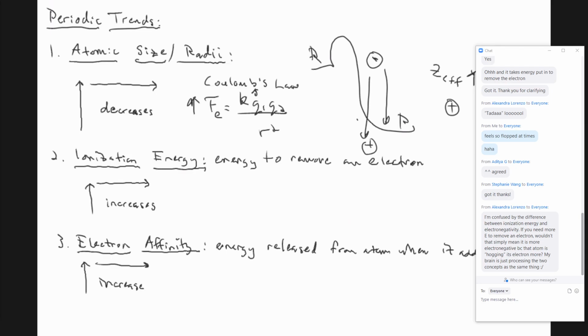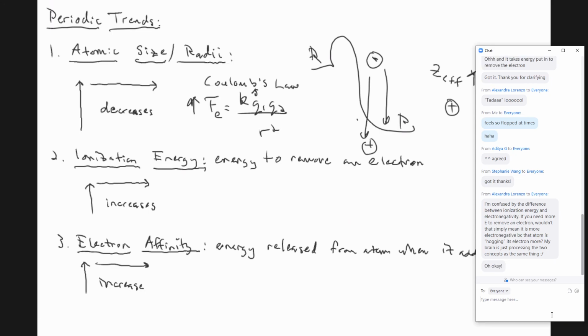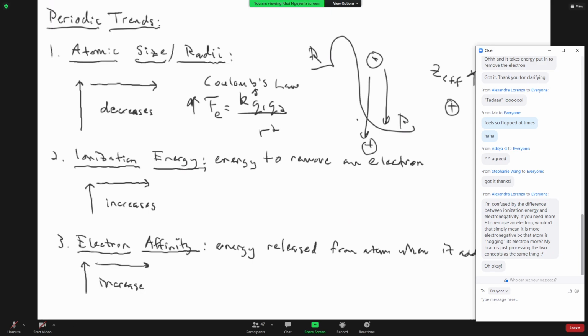That's correct, Alexandra. You're not confused. That statement that you wrote is exactly correct. If you need more energy to remove an electron, that just means that the element that the electron is going to is very electronegative. If you think about it, what happens when you go up? As you go up, you're decreasing atomic radius, right?